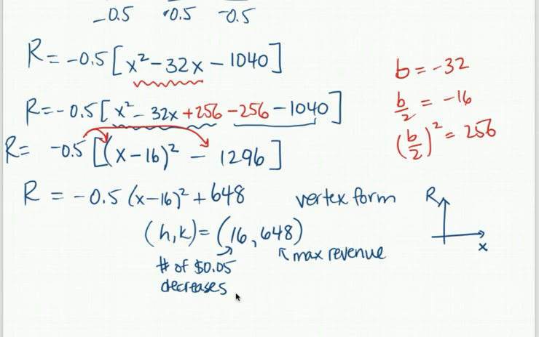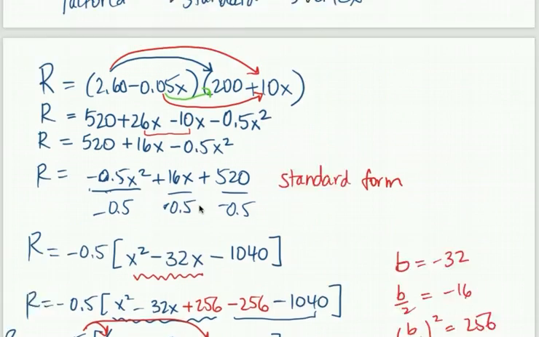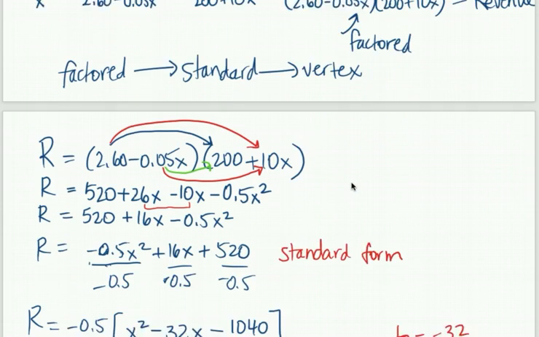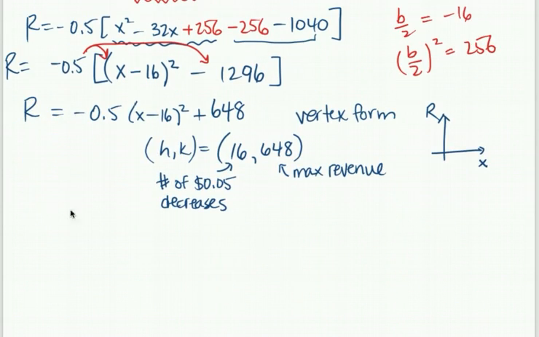Okay, all right, so now knowing that, let's go and answer our question here. It said, I want you to determine the maximum revenue from the coffee sales and the price per mug for this revenue. So we know the max revenue, so let's just look for the price, okay, per mug. Okay, so we know that it was $2.60 to start with, but then we're going to decrease it by 5 cents, right? But we're going to do this 16 times.